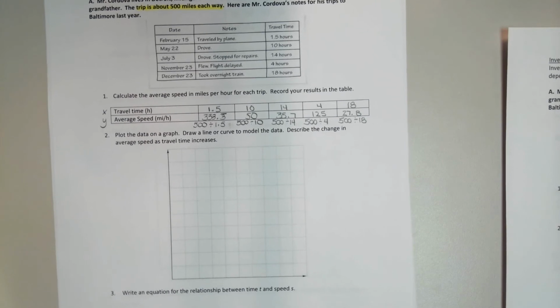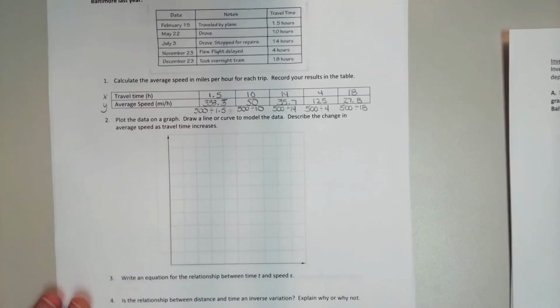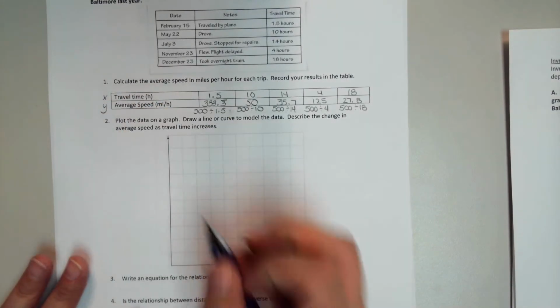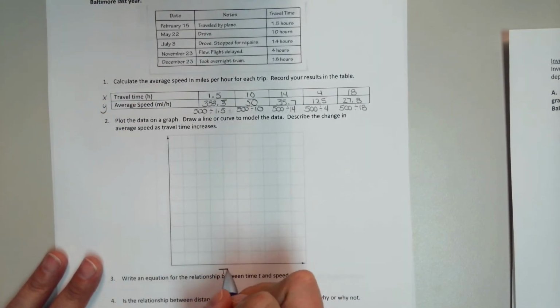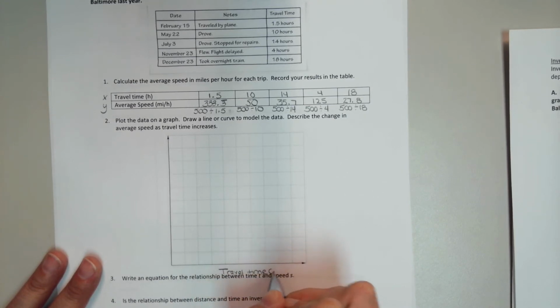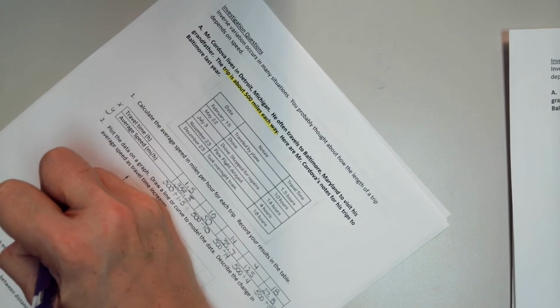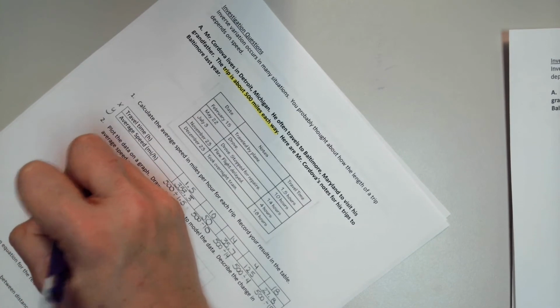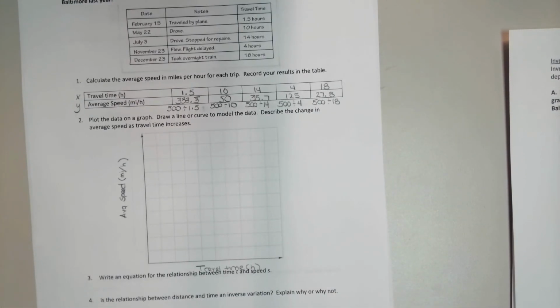So now we're going to plot this information on a graph and see what it looks like. Like all graphs, we need to label. So we have travel time on the x, and we have average speed on the y, and again, we need intervals.